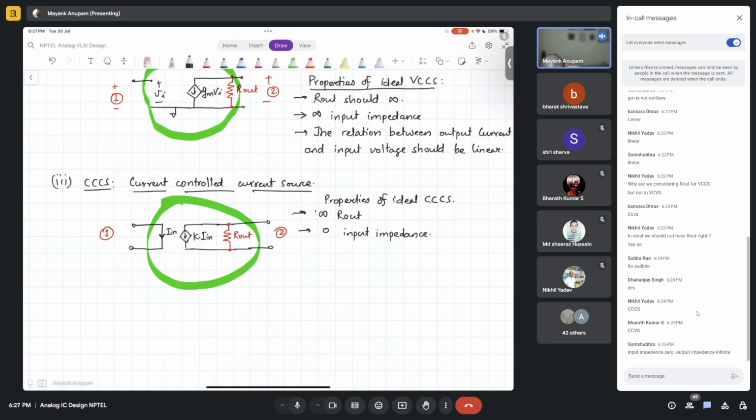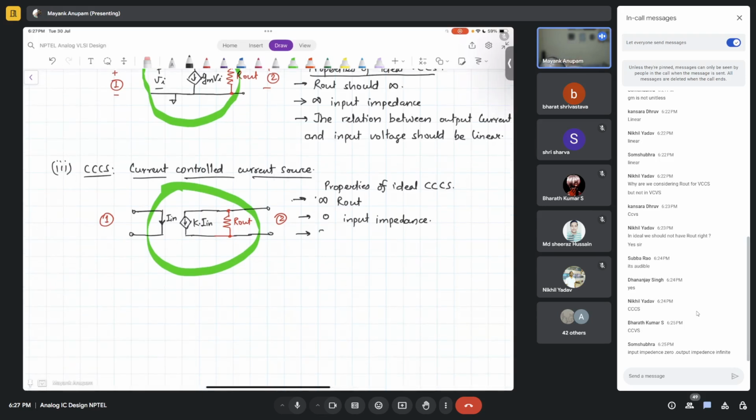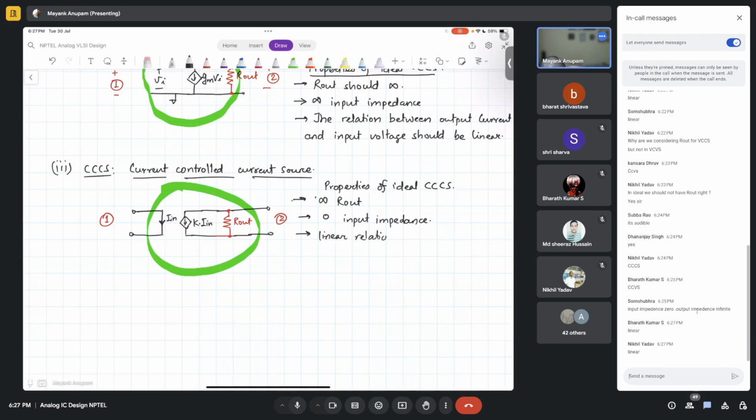And what about the relationship? The relation is again linear, right? Linear relation between output current and input current. Good.